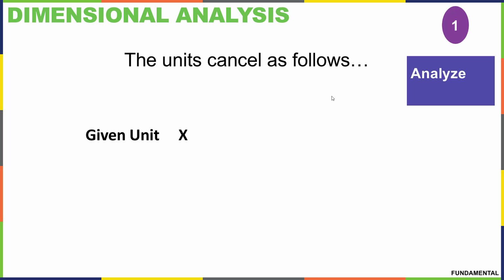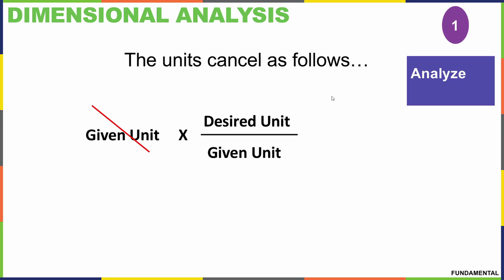And you'll see that in some examples. You're going to put the given unit again on the denominator. So you're going to go given unit times, and then on the top of the next step of the problem, the desired unit, and then again on the bottom, the given unit all over again.